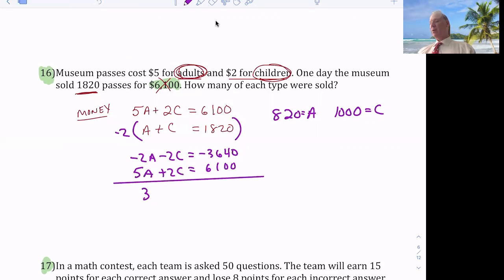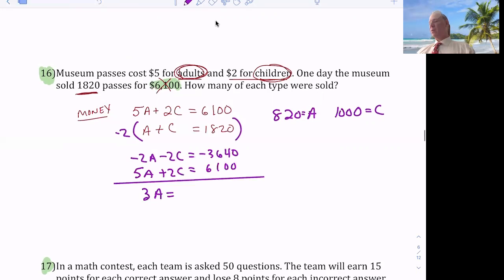And so that gives me 3a is equal to, when I subtract that, what is that? 2460? And so a is equal to 820. Very good.